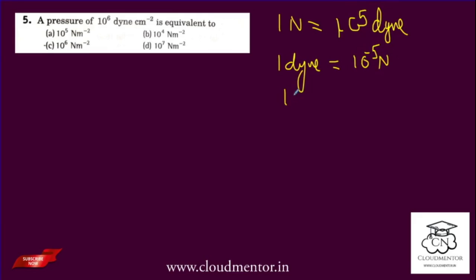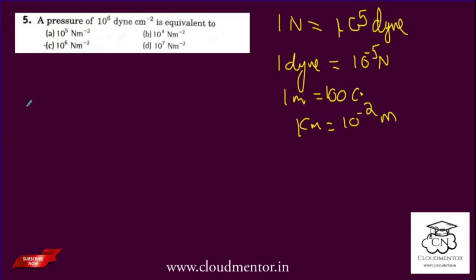And 1 meter is equal to 100 centimeter, and 100 can be written as 10 raised to 2, so 1 centimeter will be equal to 10 raised to minus 2 meter.